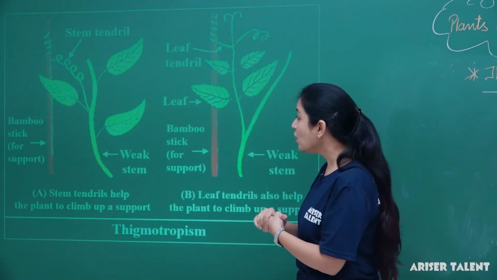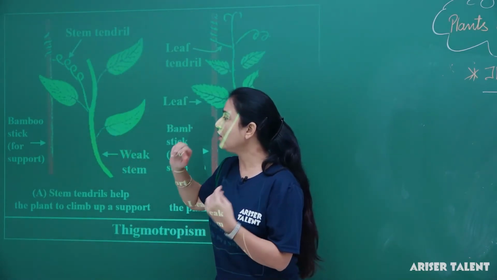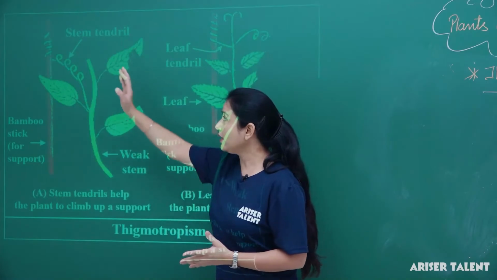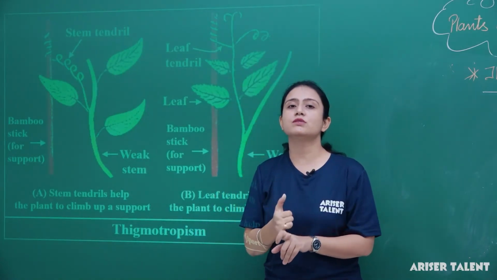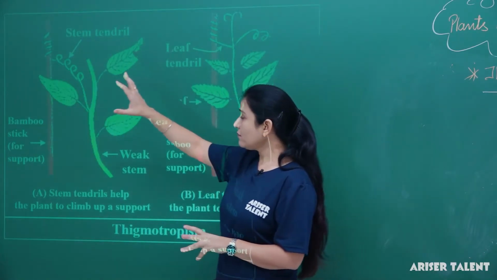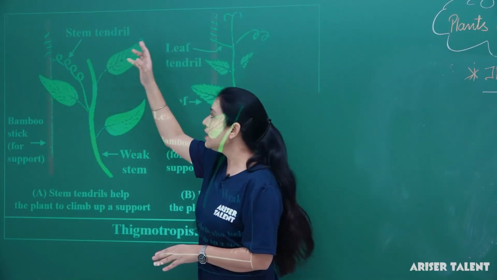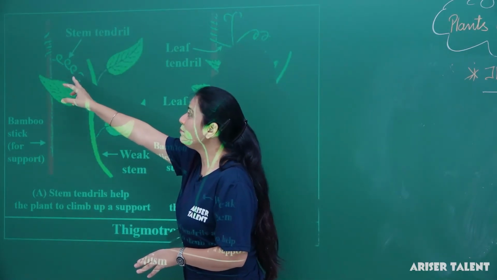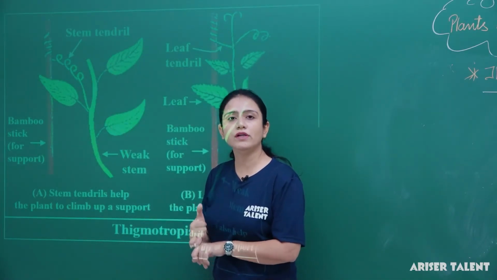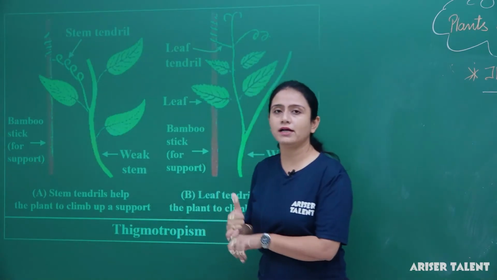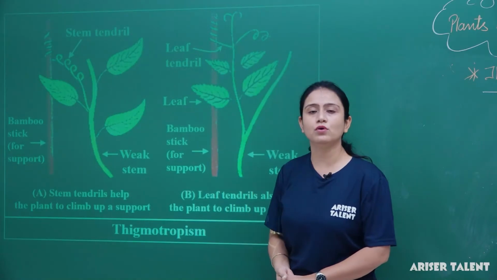Why does it happen? When the tendrils take support of that stem or stick and come in touch with that support, the hormone which is present there moves downwards, towards the other parts, and this is the reason that the tendril, because of the support, grows slowly, while the other parts of the plant grow faster.